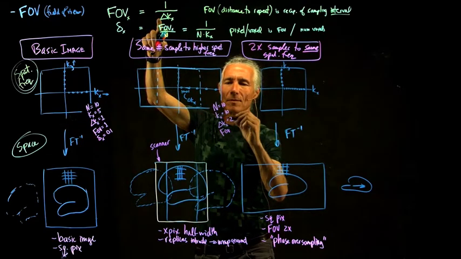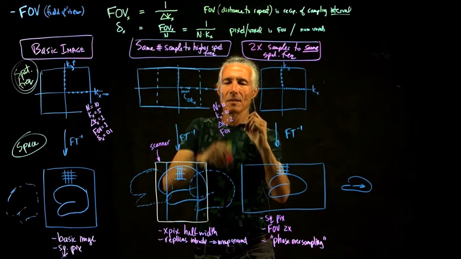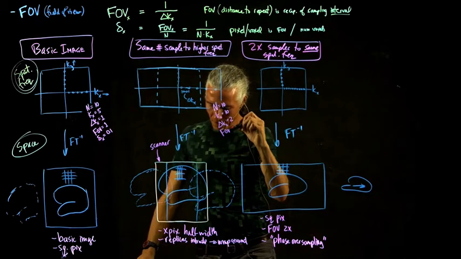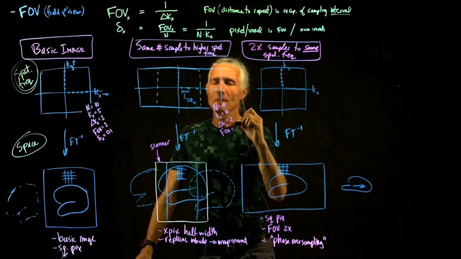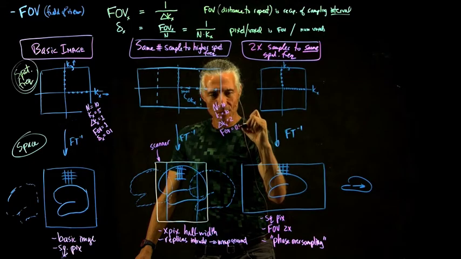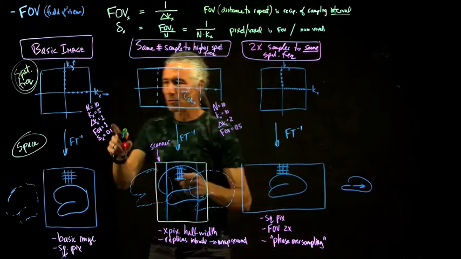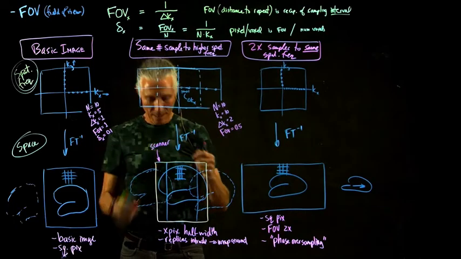The sampling interval is 2, so the field of view is just 1/2, which is 0.5, compared to 1, so it got half as big.